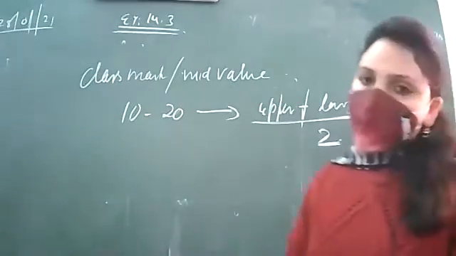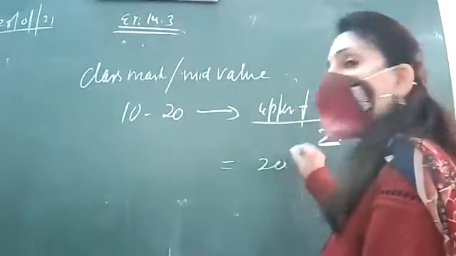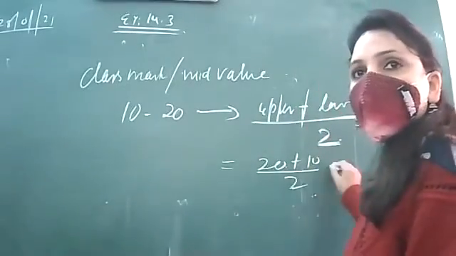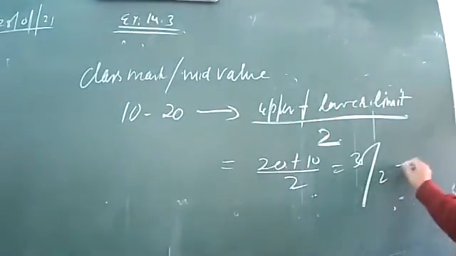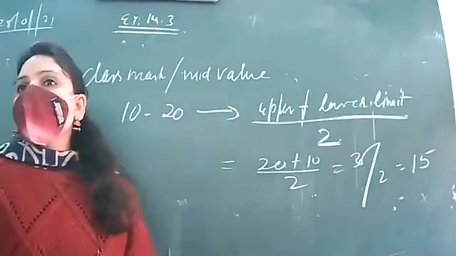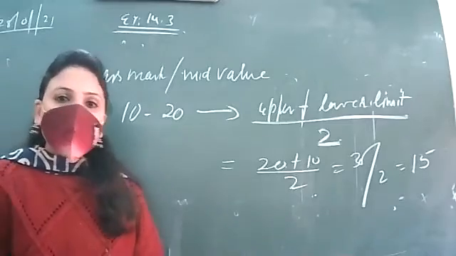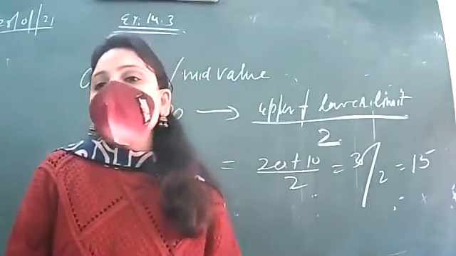Upper limit plus lower limit divided by 2. So here the upper limit is 20, lower limit is 10, divided by 2, 30 by 2 comes out to be 15. In this way you can find the class mark of a particular interval.